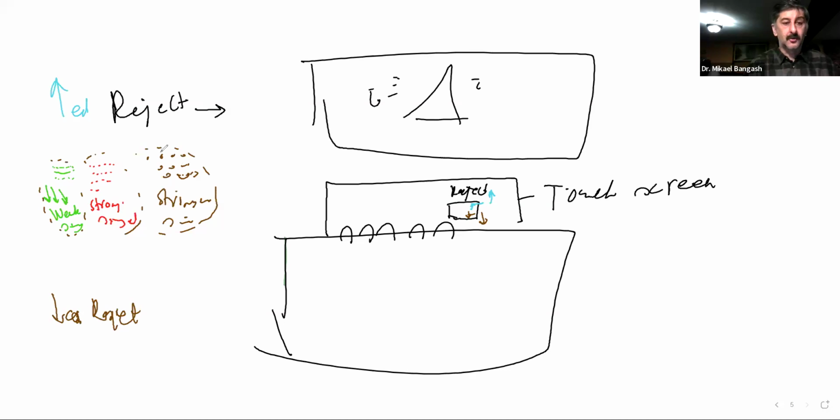Which is going to be a stronger signal, but still falls into what we can consider as being noise. So the more we increase reject, the more noise is going to be filtered out.